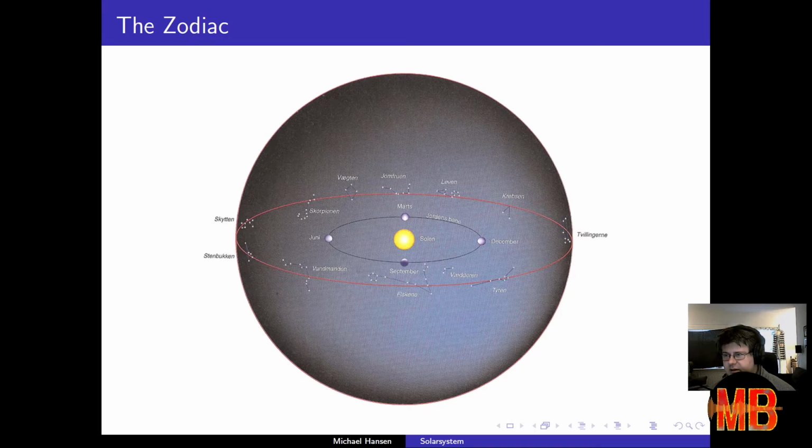So in this case here, we have Libra, the Virgin, Virgo, and Leo, the Lion. Those will be in the ecliptic, or in the Zodiac, if you will, during March.